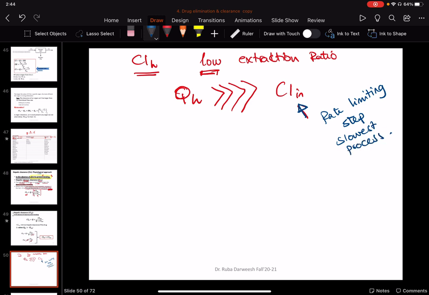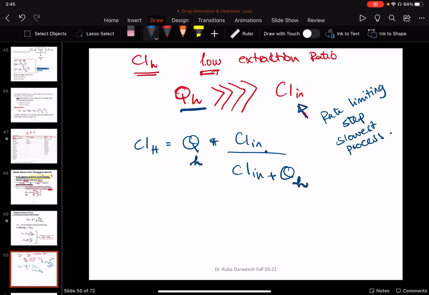Okay, let's write the equation that we already mentioned, which is Q multiplied by the intrinsic clearance over the intrinsic clearance plus Q. And for sure this is the hepatic flow and this is the hepatic intrinsic clearance.